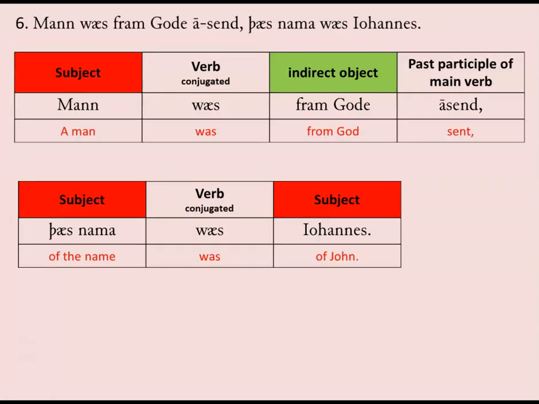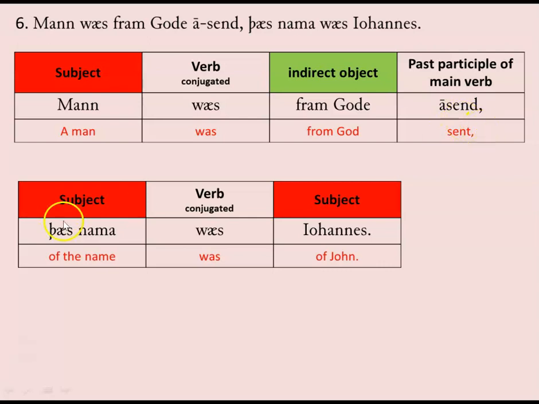Okay, number 6. Man was faram Gode ascend, thus nama was Iohannes. Now, a man was from God sent, of the name was of John. Okay, so we have subject, verb, indirect object, past participle and main verb, because we're talking now about the past, so we use the past participle instead of the infinitive here to talk in terms of the past tense.